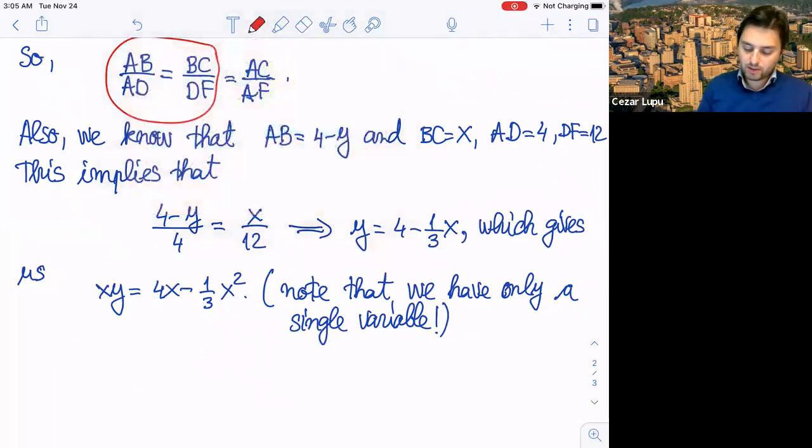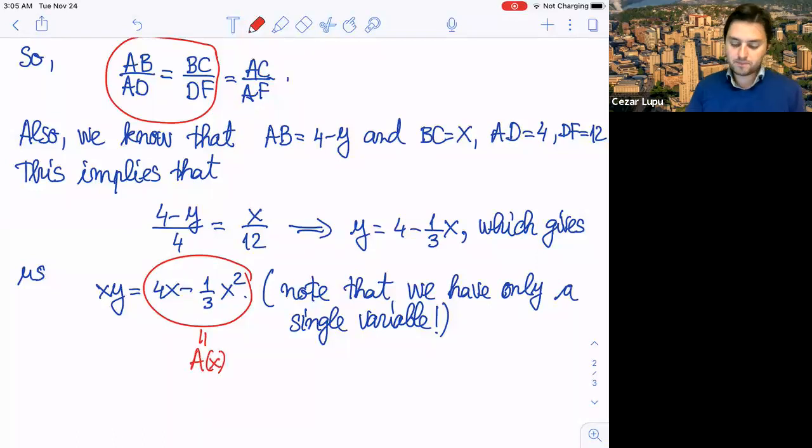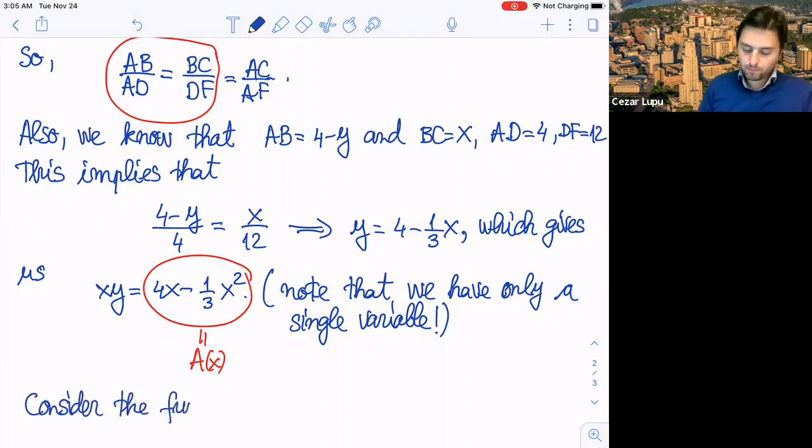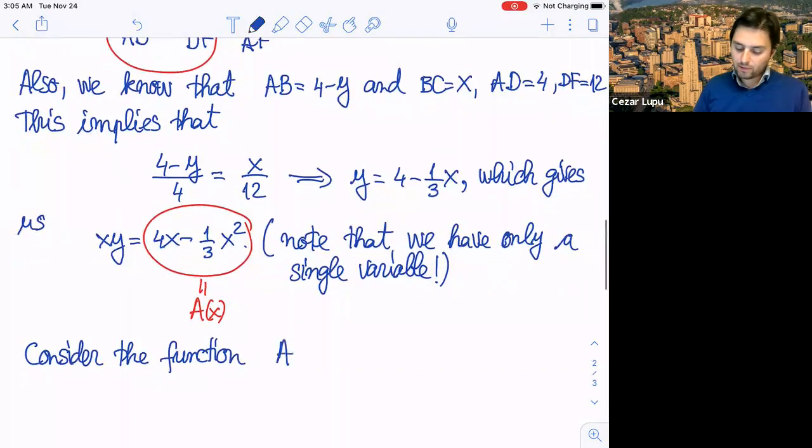So we can look at this guy here, and we can consider this as a function of x, area of x. Right? So what we need to do right now, consider the function A of x to be 4x minus 1/3 x squared.